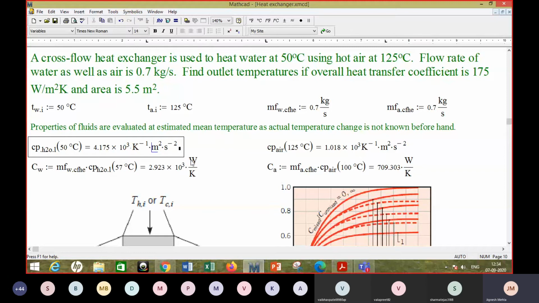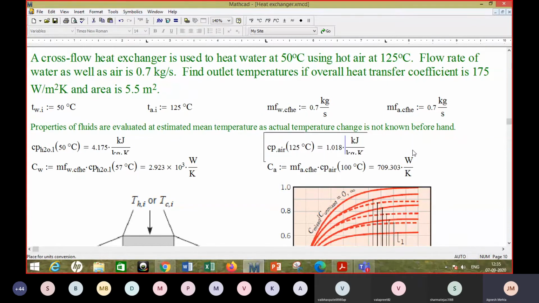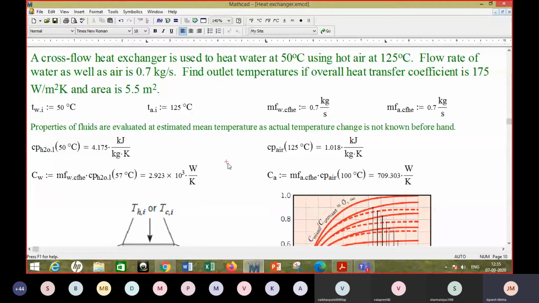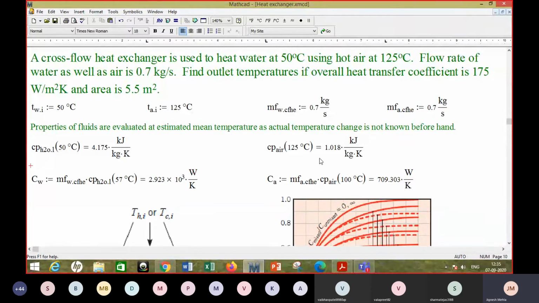The unit of this is kilojoule per kg Kelvin. So for water it is 4.175 and for air it is 1.018, right? So many times for air, in case the values are not available, people take it as 1 for quick calculations.